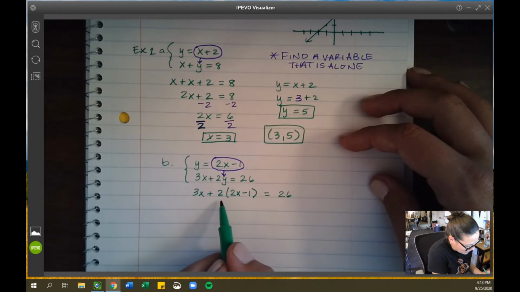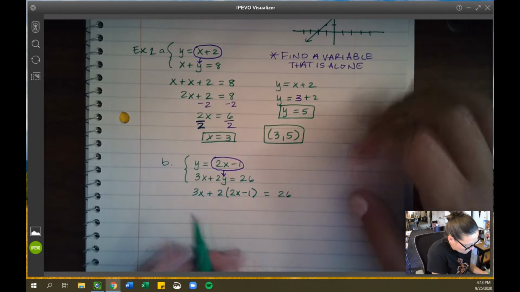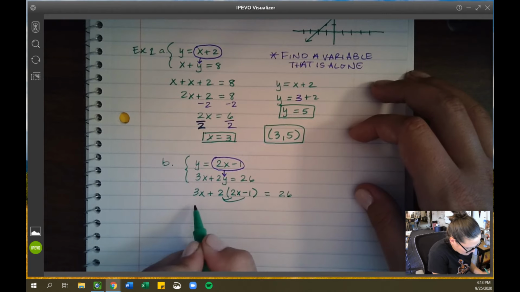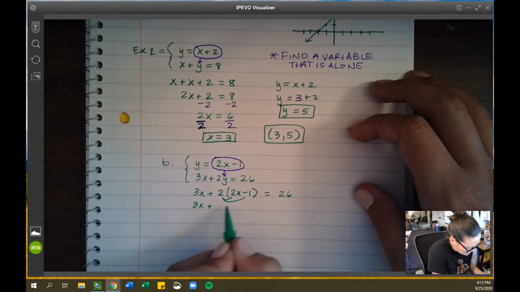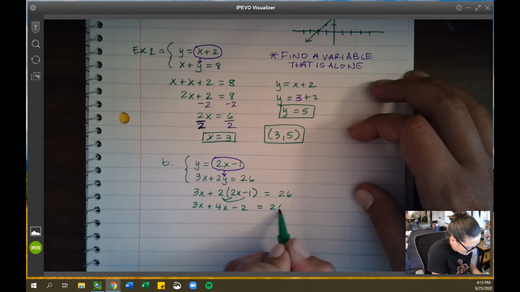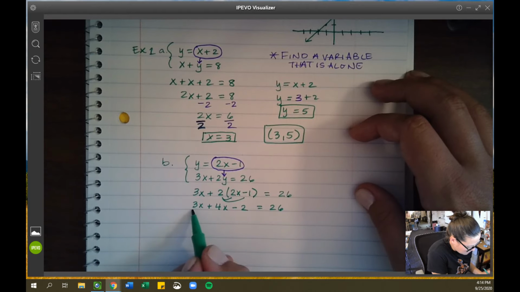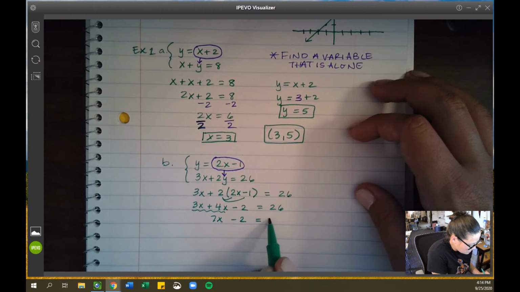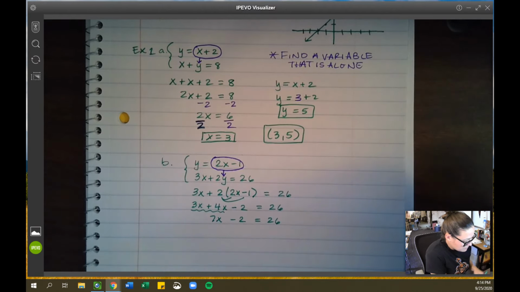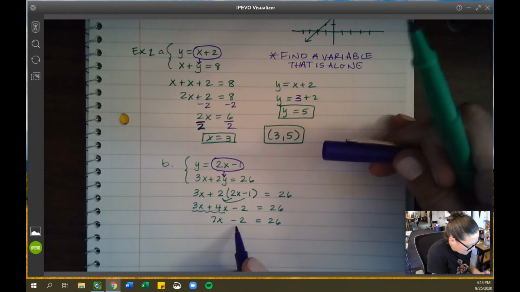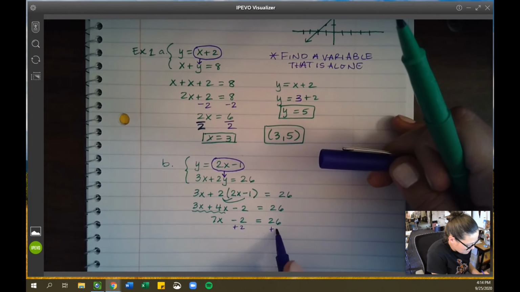So now I can solve for x. I'm going to distribute. I still have 3x plus 4x minus 2. Combine like terms. Now I'm going to add 2 to both sides.